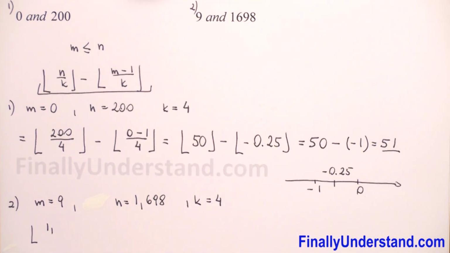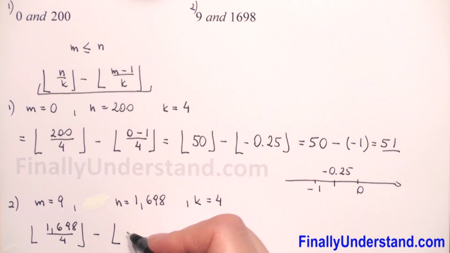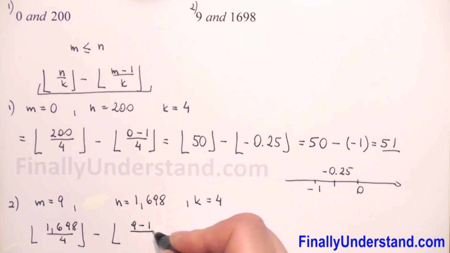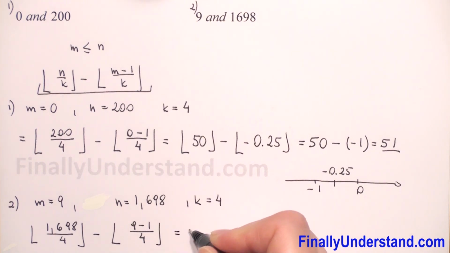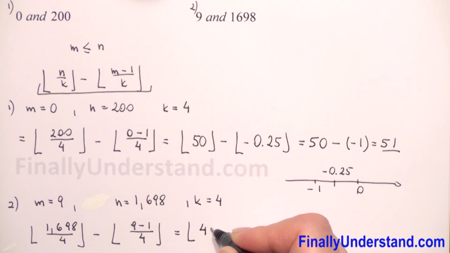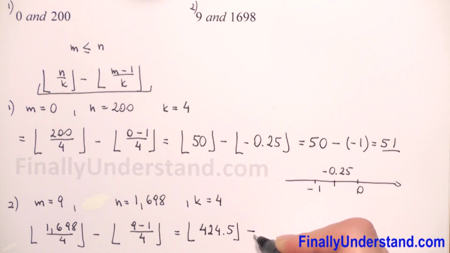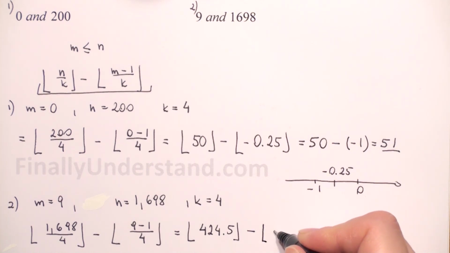So we have 1698 over 4 minus floor of 9 minus 1 over 4. So this is equal 1698 divided by 4. This is equal 424.5 minus, and 9 minus 1 is 8. 8 divided by 4 is 2. So we have floor of 2.